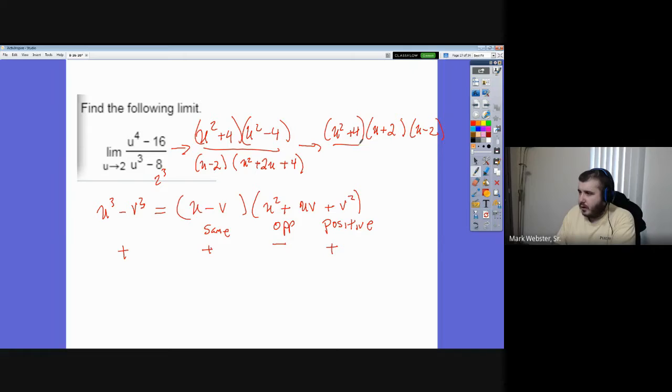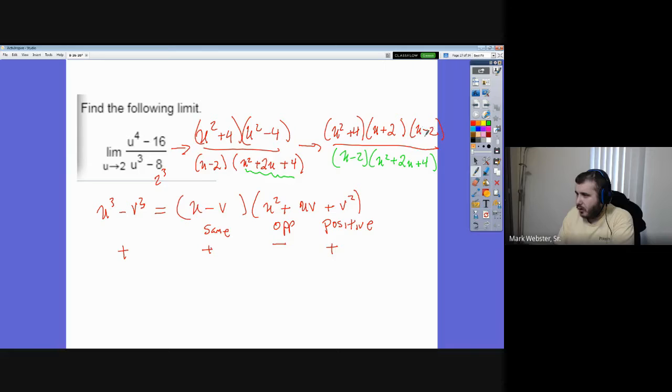And then, now that we've sort of simplified everything, one other thing to note about this, if you didn't know, this second part never comes out any further. This part here is all junk, dead weight, and you never have to worry about that ever again. So anyway, once we have this, u minus 2 times u squared plus 2u plus 4.